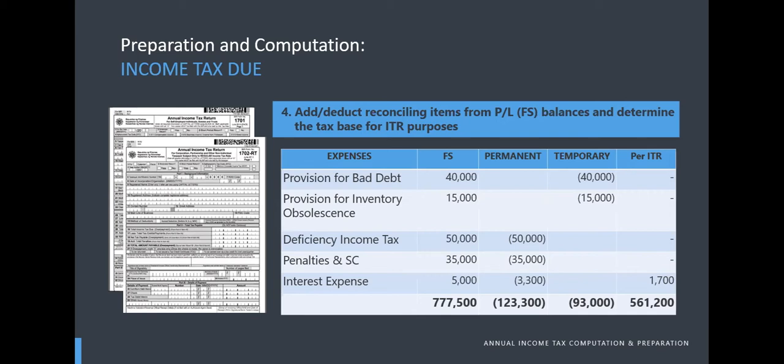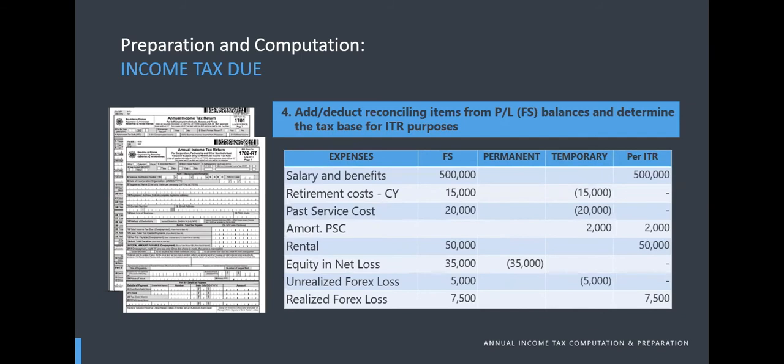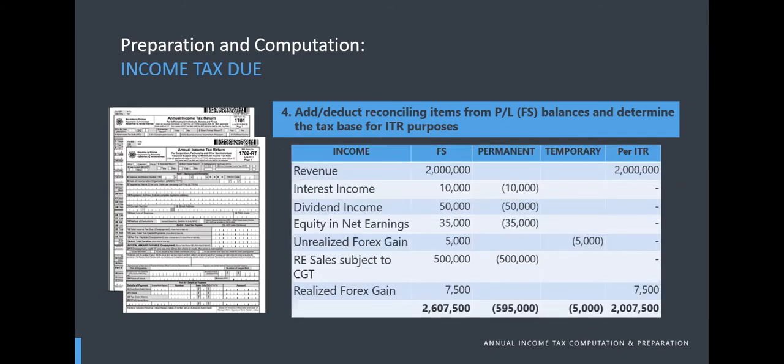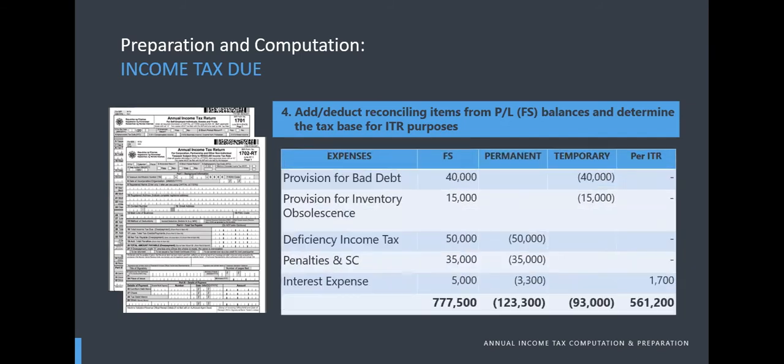Interest expense, this is the 33% of the interest income that was subjected to final tax. In our previous case, the interest income is 10,000. So 33% of it is equivalent to 3,300.